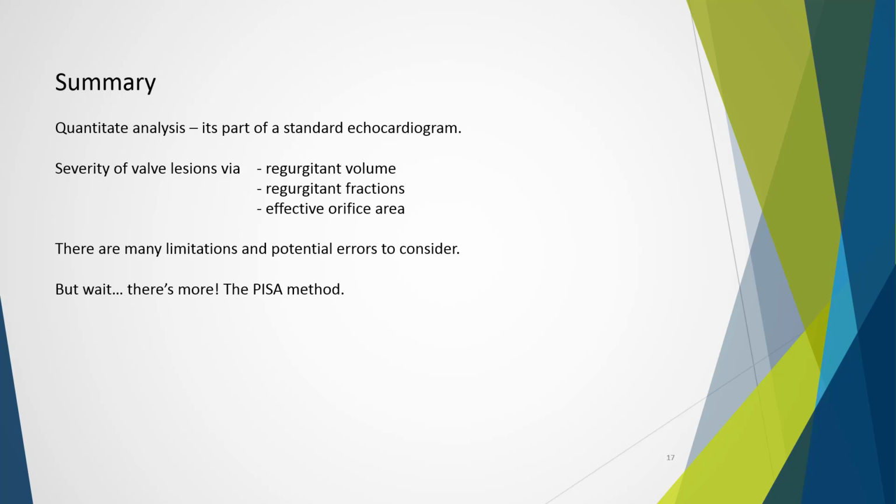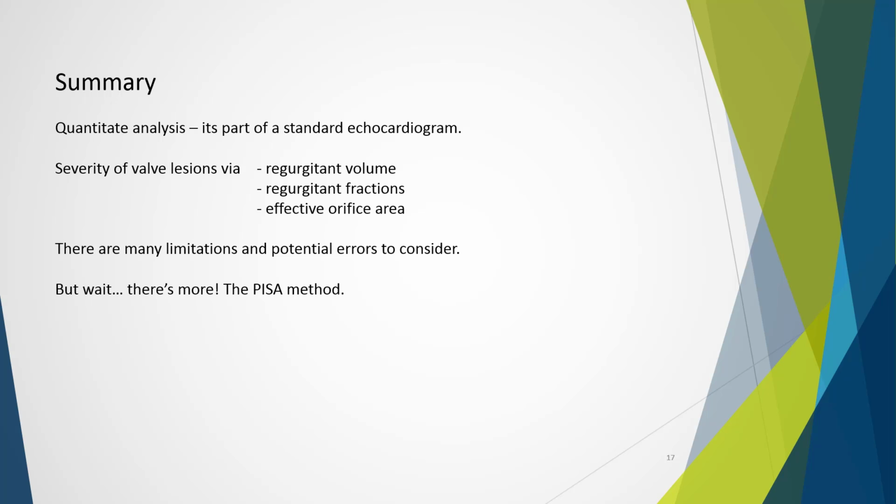In summary, quantitative analysis for regurgitant valves plays an essential part of the standard echocardiogram. We should not rely on qualitative analysis alone. We've demonstrated how to determine the severity of valve lesions through regurgitant volume, regurgitant fractions, and via the effective orifice area methods.